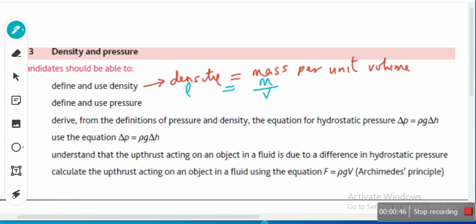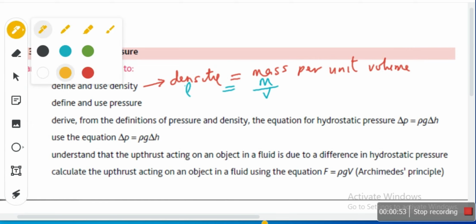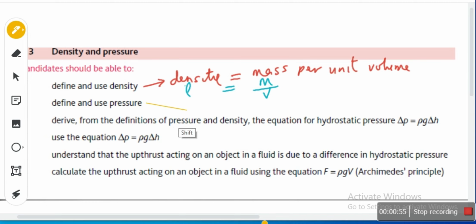Alright. Now what's pressure? What's the actual definition of pressure? What is pressure itself? The general definition of pressure? Force per unit area. That's correct.